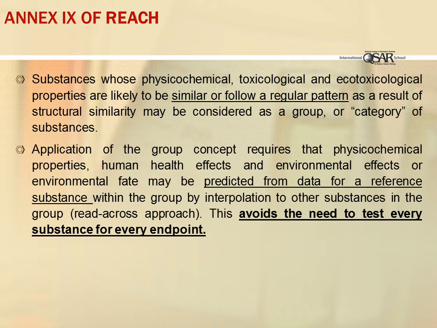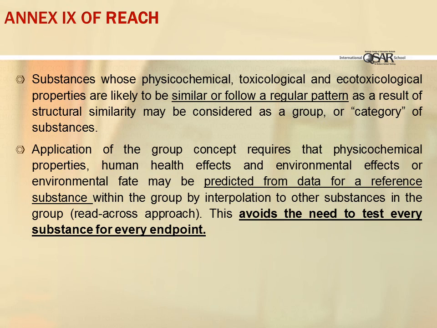If we turn to Annex 9 in REACH, you can see for yourself that these substances, a chemical category, are substances whose physical, chemical, toxicological, or ecotoxicological properties are likely to be similar or follow a regular pattern. That's the words for basically a trend.